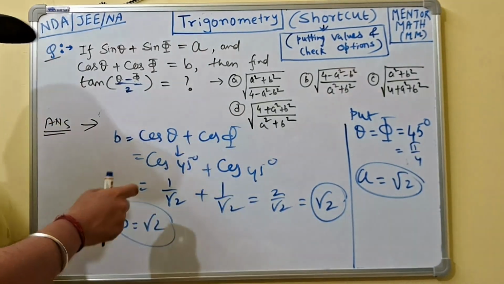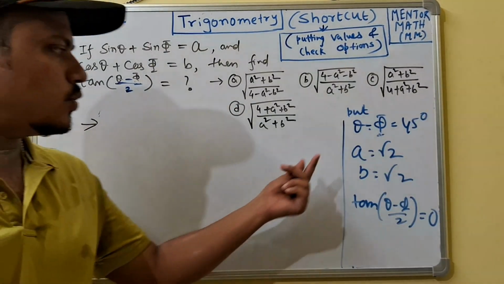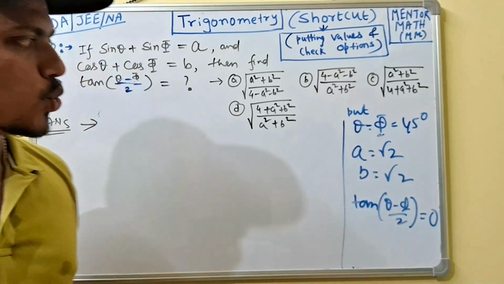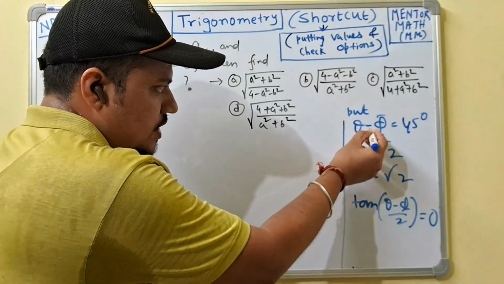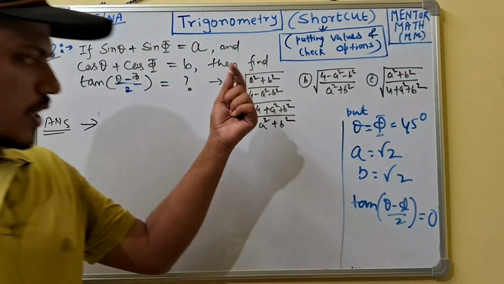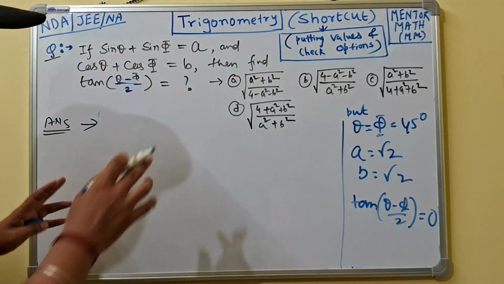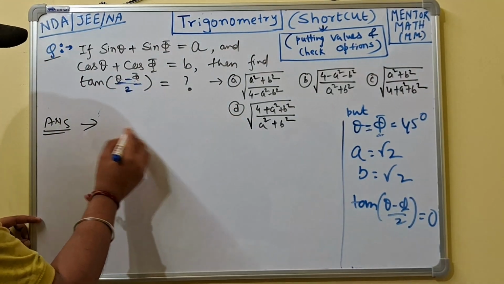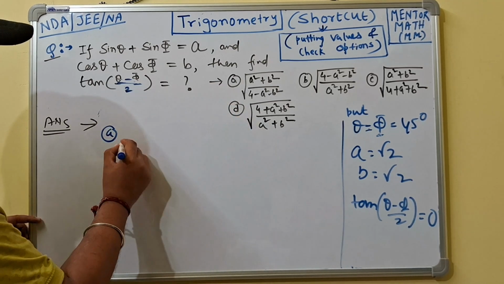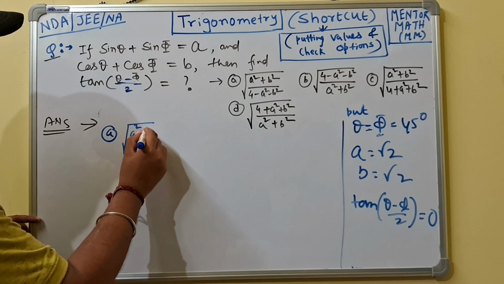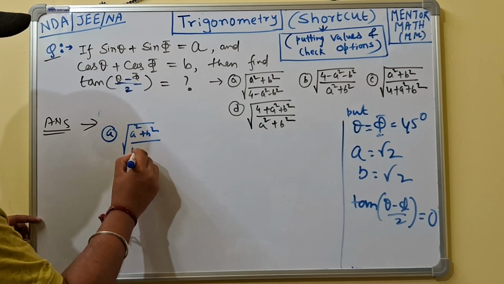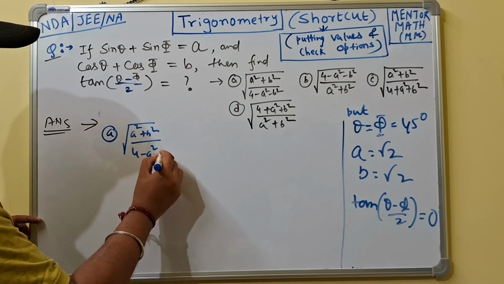Okay, so now we got A equal to root 2, B equal to root 2, and if we substitute theta and phi as 45 degrees, tan of (theta minus phi) by 2 is equal to 0. Now look at these options. The first option, option A, is root of (a square plus b square) by (4 minus a square minus b square).